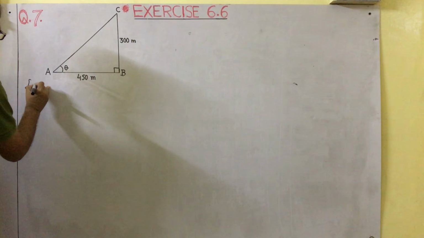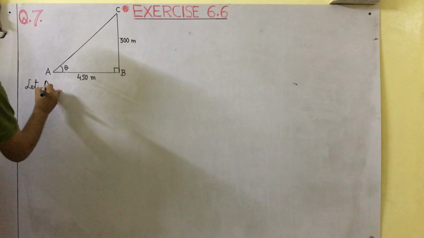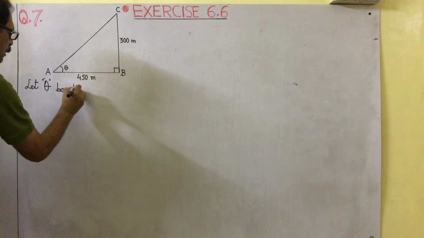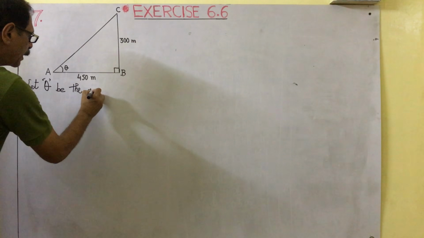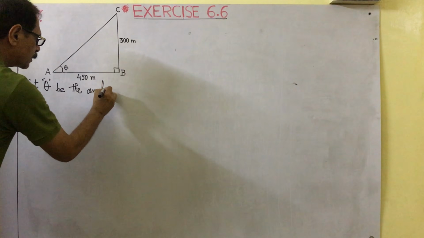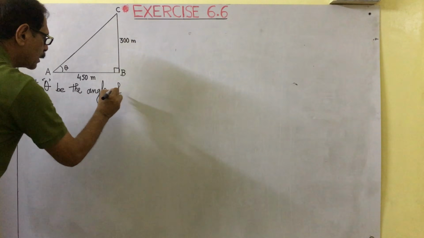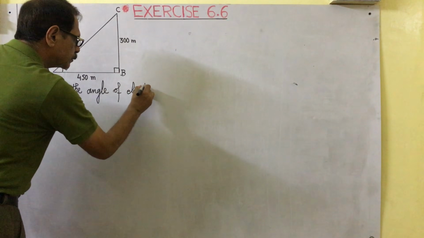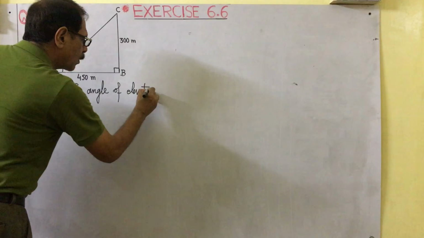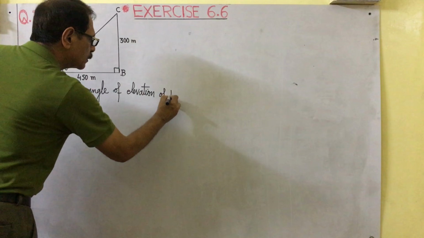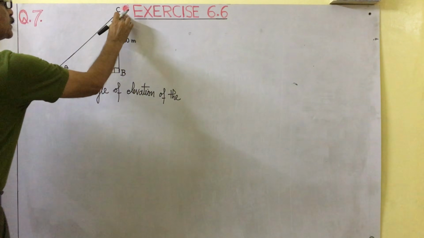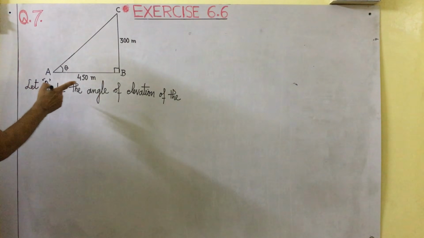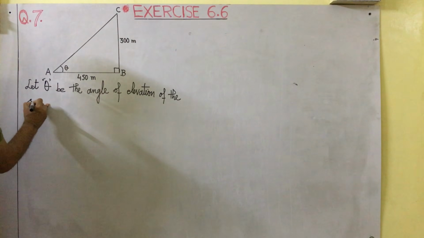Let theta be the angle of elevation of the sun. Here is the sun. This is the angle of elevation of the sun.